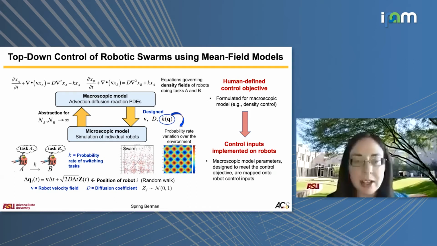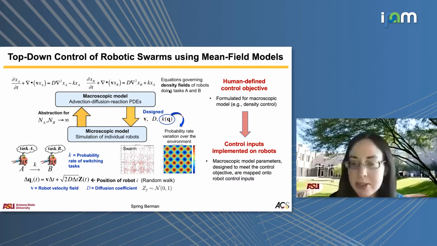But the concept is the same, that we are abstracting a collective of robots that are moving according to identical controllers. And we're describing the density fields of robots that are doing different tasks or in different states. We describe the evolution of those density fields of robots over space and time.